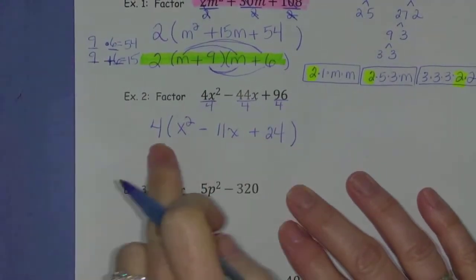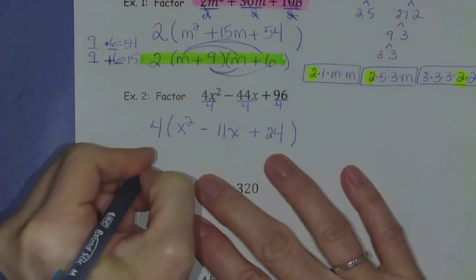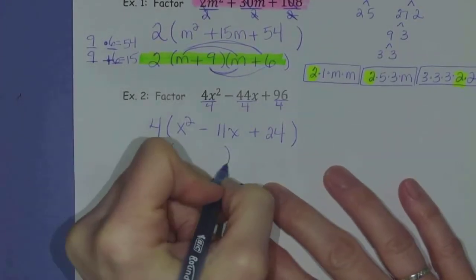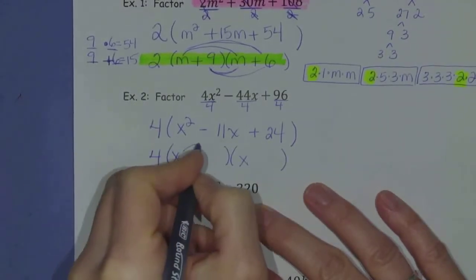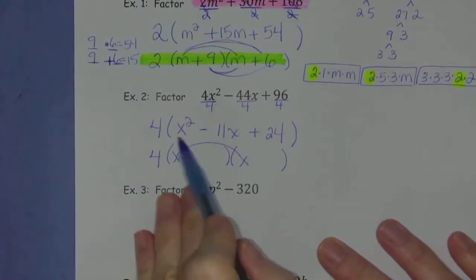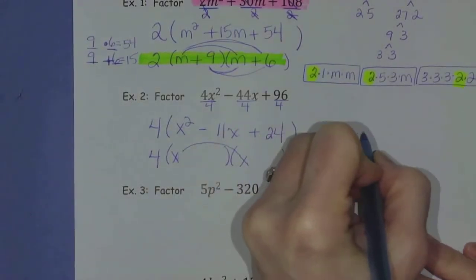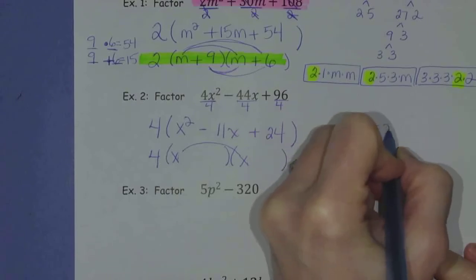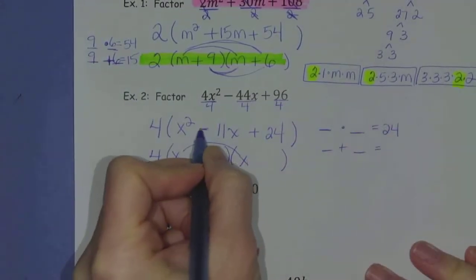Okay, so there is my first step with a GCF out. Now I'm going to see if this trinomial will go any further. So I'm going to put my x's in because I know that first distribution is going to give me that x squared. So now I need two numbers whose product is 24 and whose sum is negative 11.